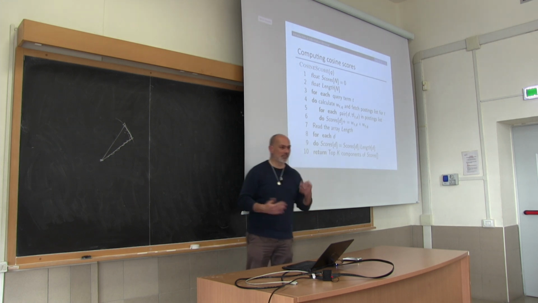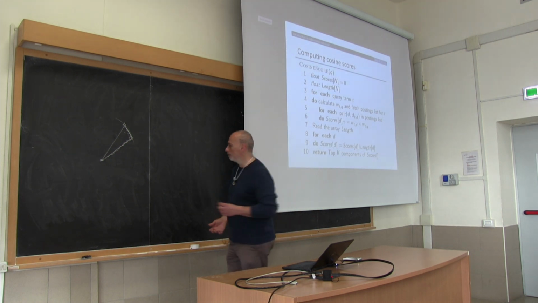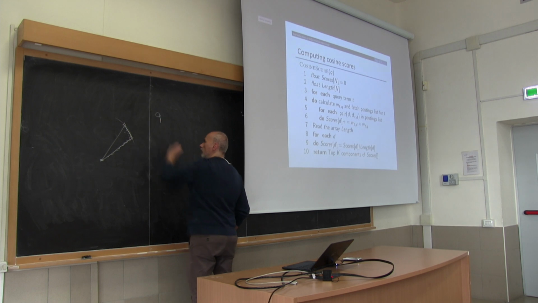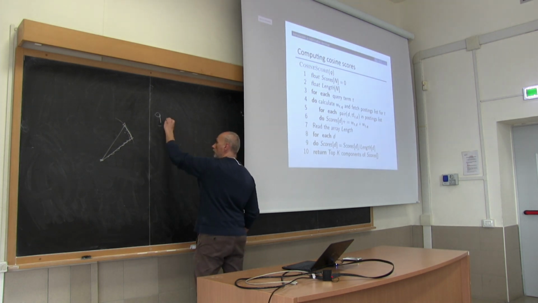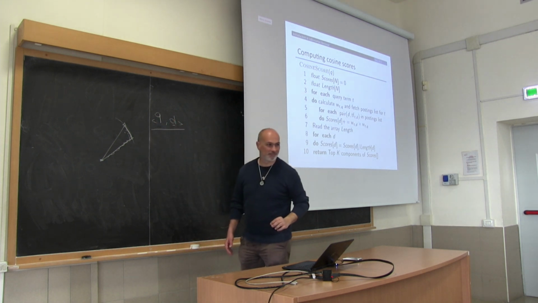That's fine, but it is the inner product. Let's say that Q is a query represented as a vector, and D is a document. This is what I'm taking. Actually, I prefer it written like this. That's just my personal taste.